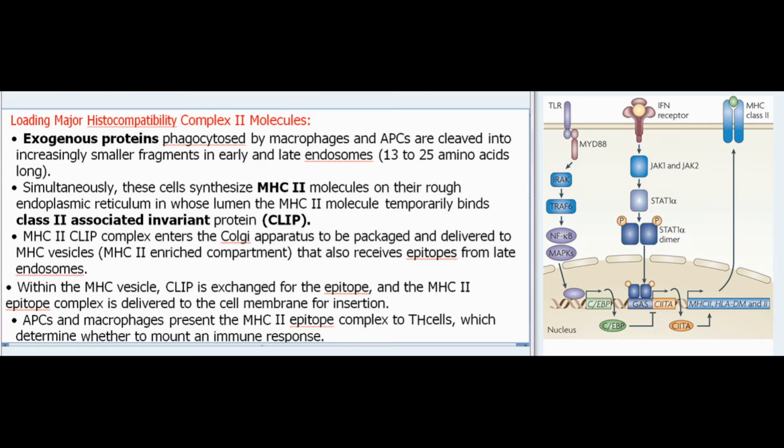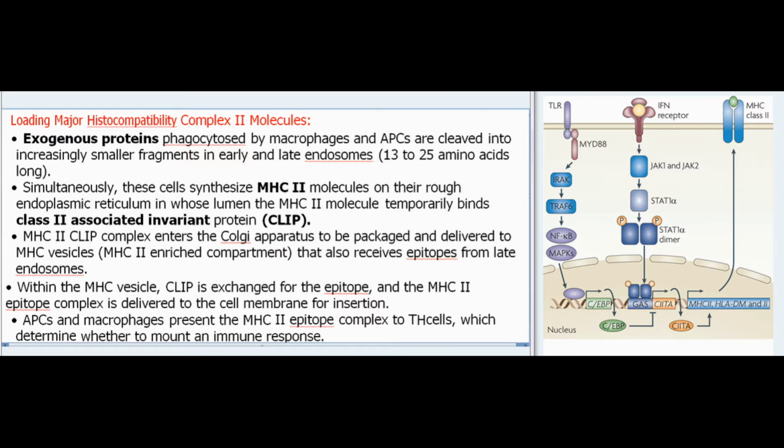Loading major histocompatibility complex II molecules: exogenous proteins phagocytosed by macrophages and APCs are cleaved into increasingly smaller fragments in early and late endosomes, 13 to 25 amino acids long. Simultaneously, these cells synthesize MHC II molecules on their rough endoplasmic reticulum, in whose lumen the MHC II molecule temporarily binds class II associated invariant protein, CLIP.